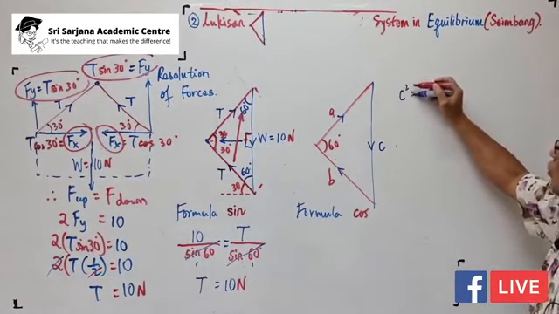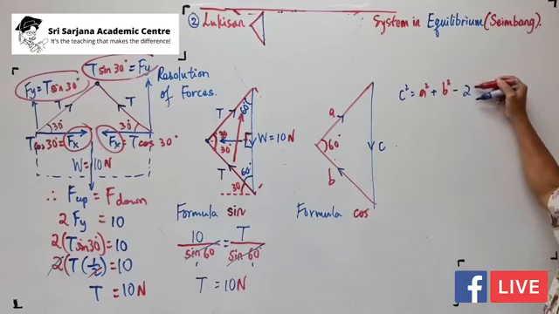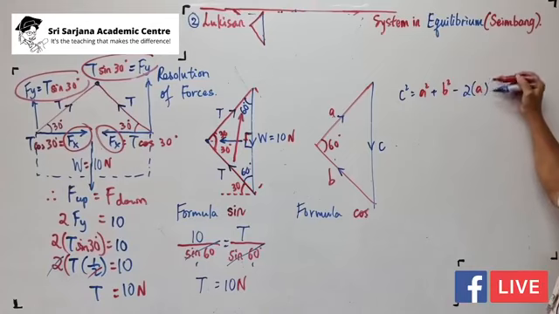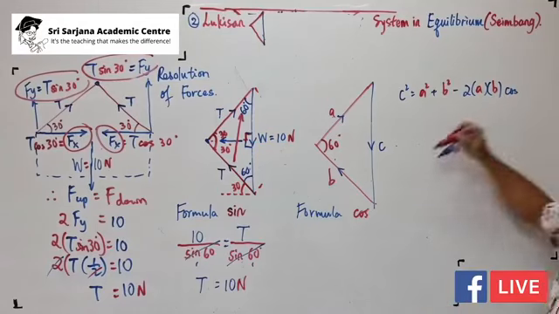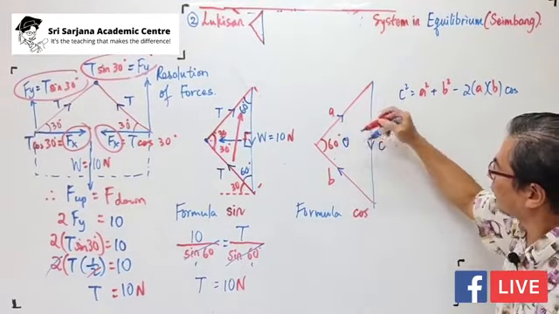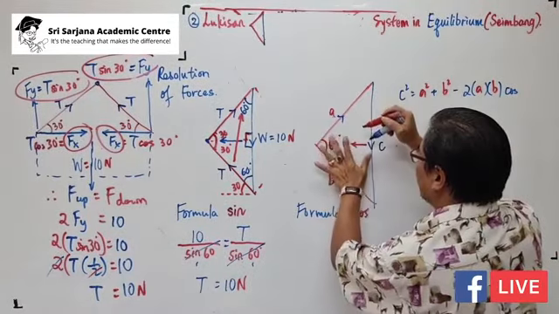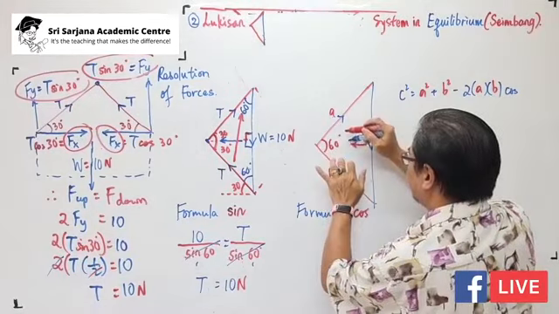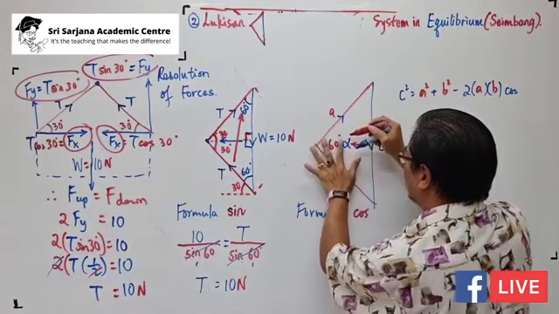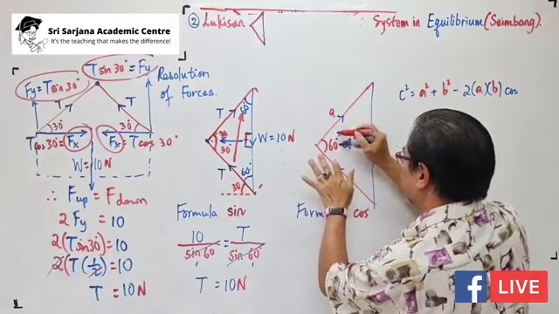C squared equals A squared plus B squared minus 2, then in brackets A times B, times cos theta. Theta is your angle, and it must be opposite of C. Let's say I put alpha there. Alpha equals 60 degrees.